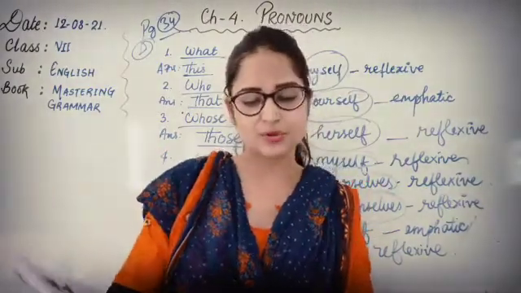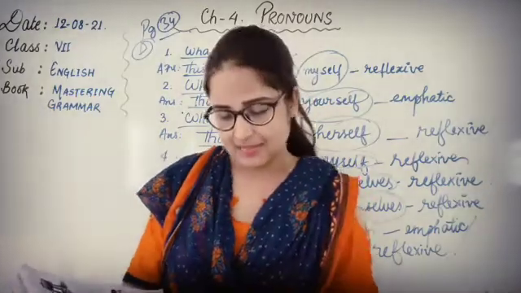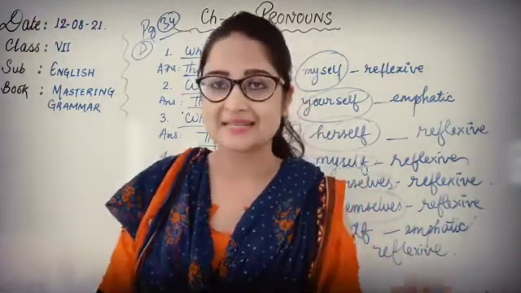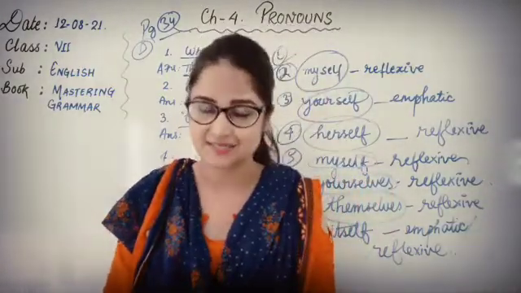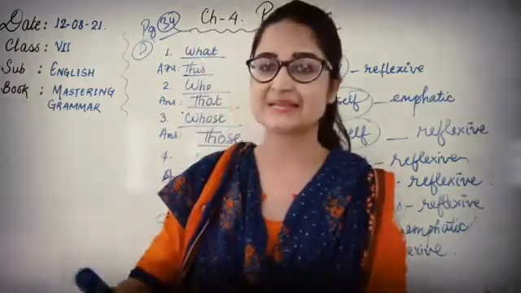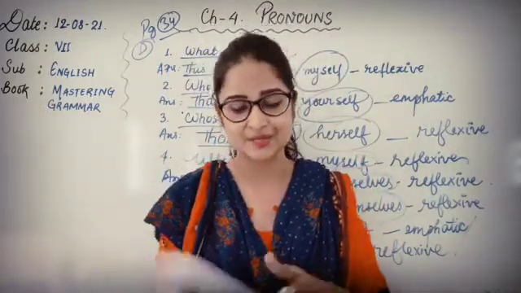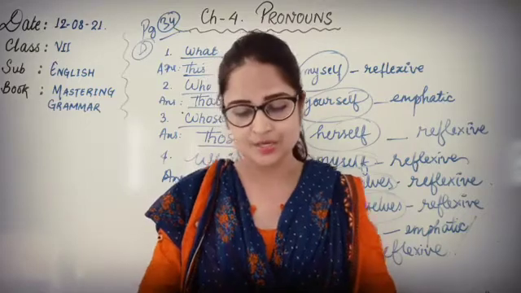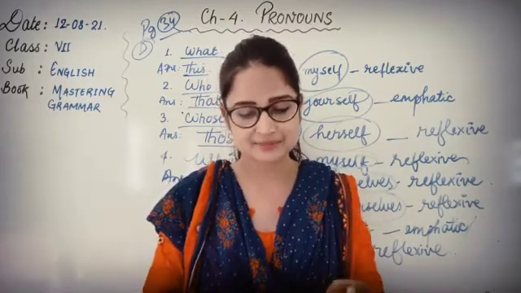The relative pronoun what is always used to refer to things. Its antecedent is not expressed. I already told you what an antecedent is. If you know that the antecedent is not there, you are going to use what.